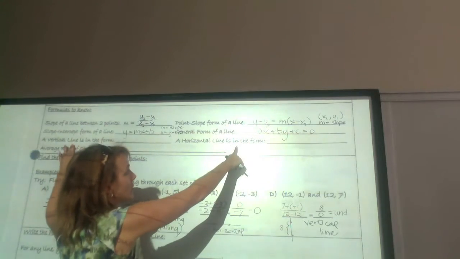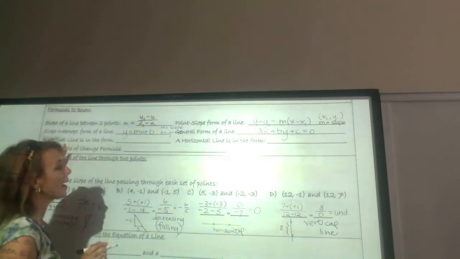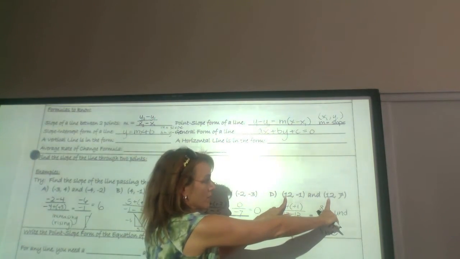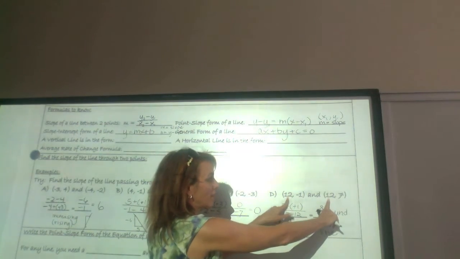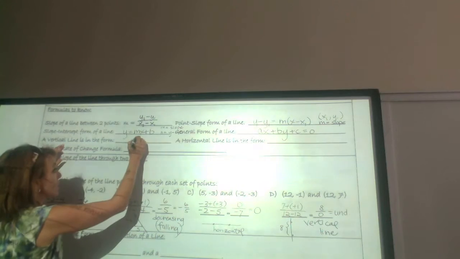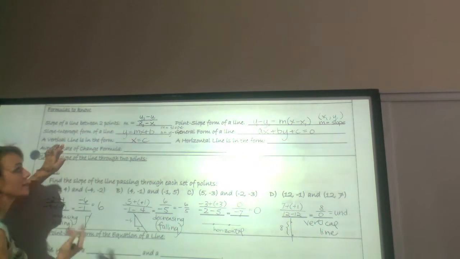Okay, now a vertical line and a horizontal line. We said vertical lines have the same x values, right? All of the x values on a vertical line are the same. And so actually the vertical line will be in this form, x equals whatever that number is. X equals c.